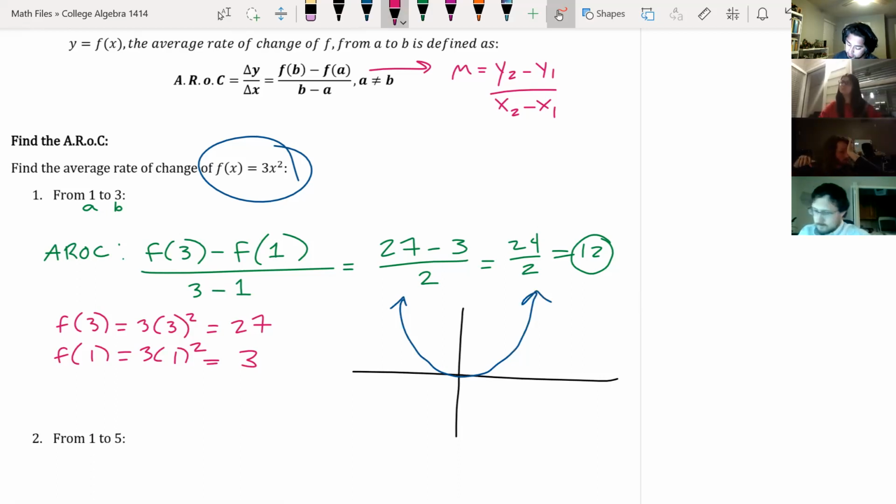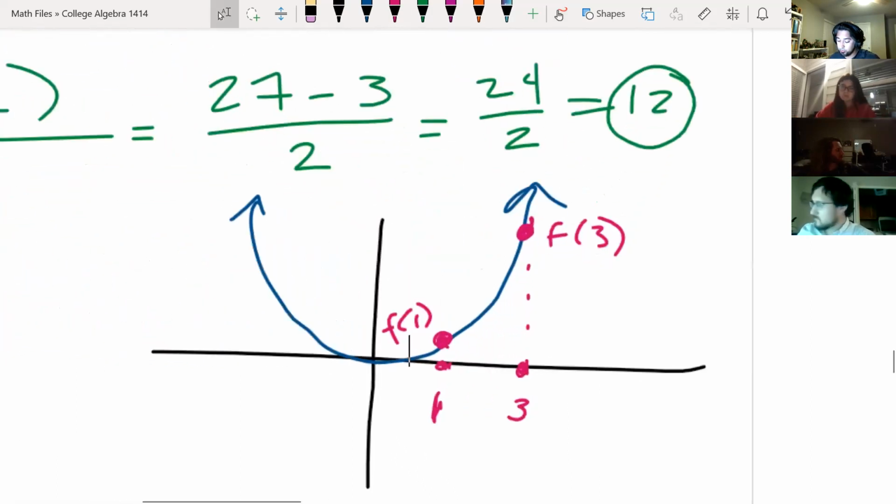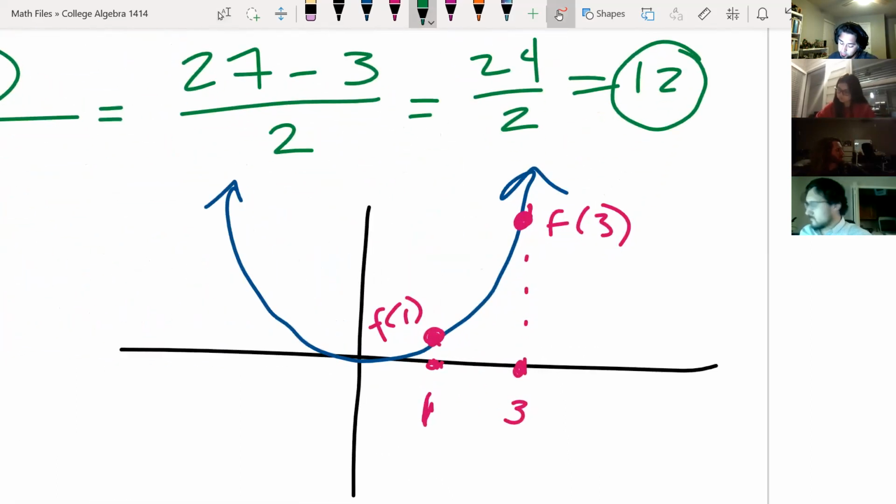And if I were to plot my x value of 1 here, and then my x value of 3 here, their y values, f of 3 and f of 1, all we have found, and I'm going to zoom in, is the slope between these 2 points.